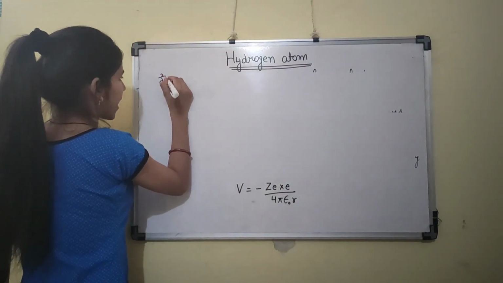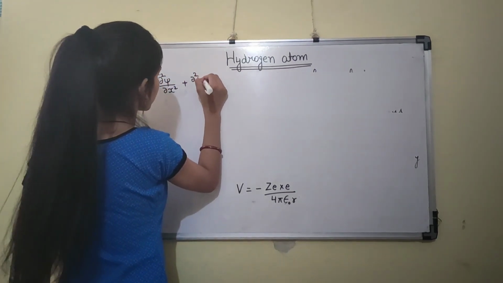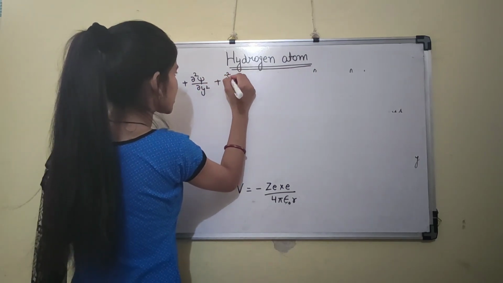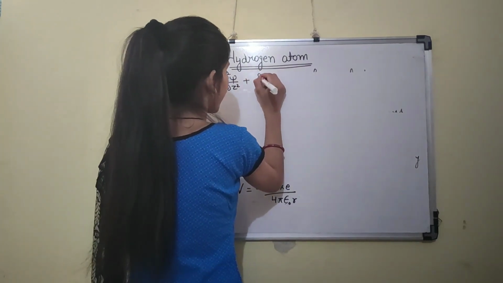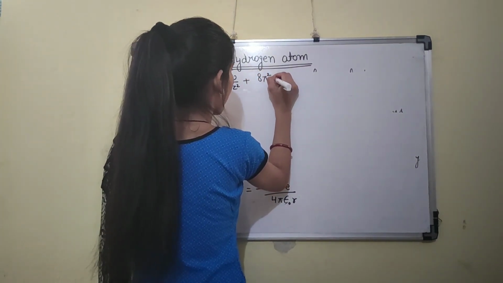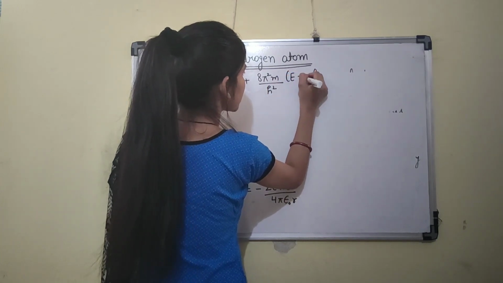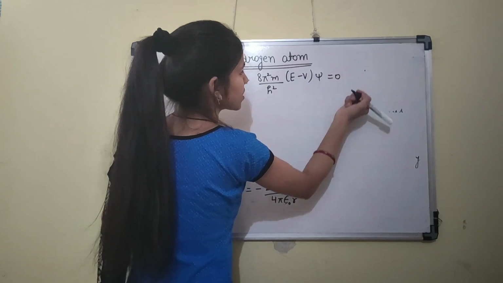del square psi by del x square plus del square psi by del y square plus del square psi by del z square plus 8 pi square m divided by h square into E minus V psi is equal to 0.